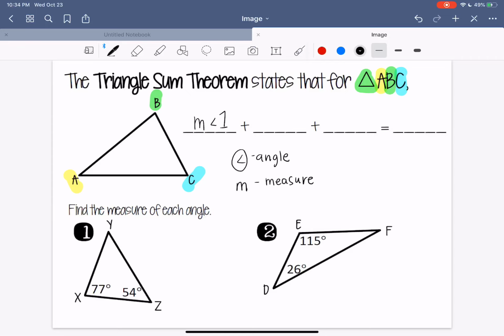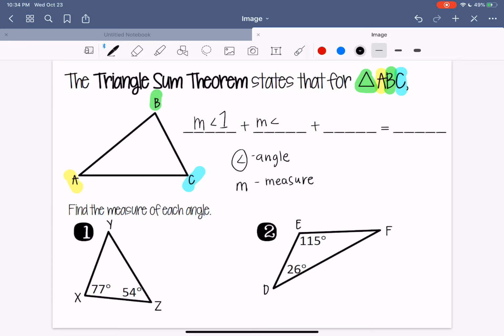So it's just a shorthand. It's kind of like saying LOL or JK or TTYL. And you can use the letter M and the angle sign to say the measure of angle, the measure of angle 1, 2, 3, etc.